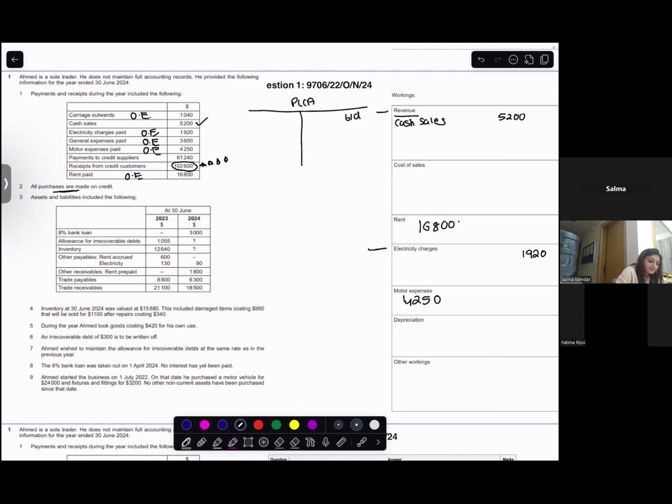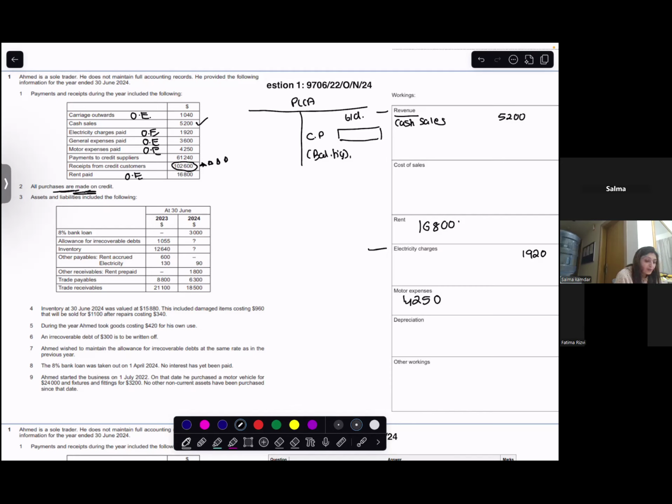Below that, credit purchases, and this is what I will be looking to find out. I've put it as a balancing figure so that even I am clear what is to be done. All purchases are made on credit.